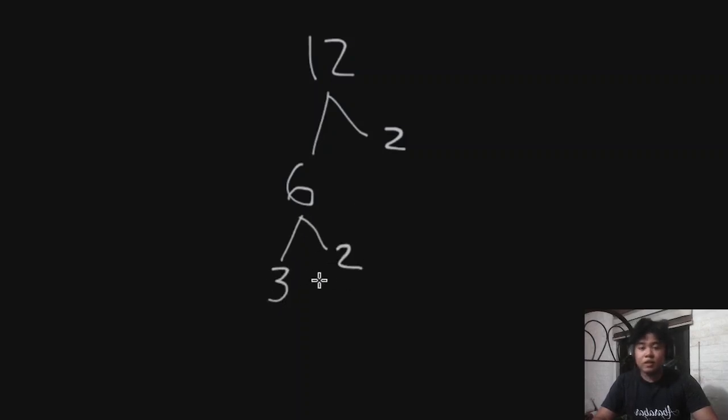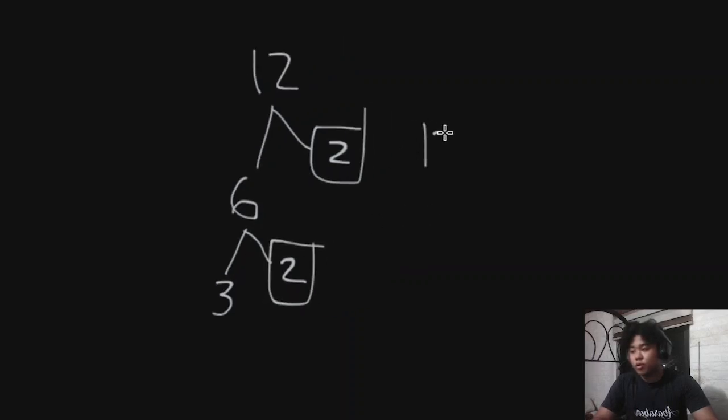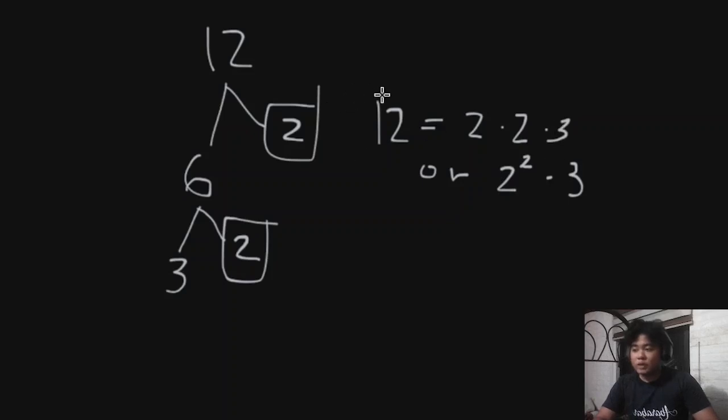As we can see, there are no more composite numbers. There are just prime numbers 2, 2, and 3. Therefore, 12 is equal to 2 times 2 times 3, or 2 squared times 3.